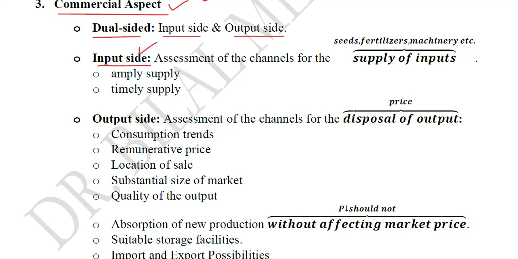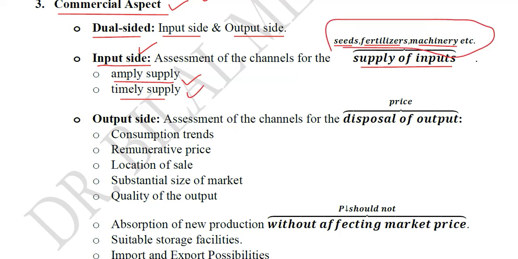We need to consider how the supply of inputs will take place, how the seeds will be arranged, or fertilizers and machinery, and their supply should be ample and timely. If both of these things are ensured, then these inputs, for example in an agricultural project, will be supplied amply, and the commercial aspect will be addressed from one side, that is the input side.